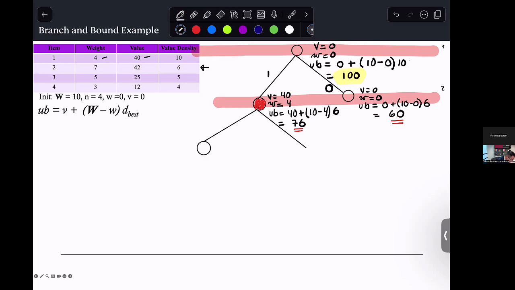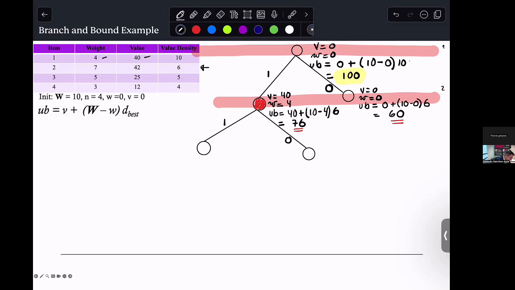And then again, I could choose or not the next object in the backpack, which is object or item 2.